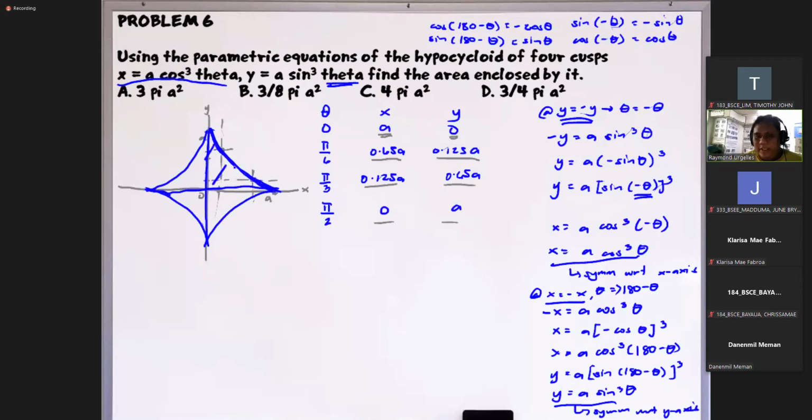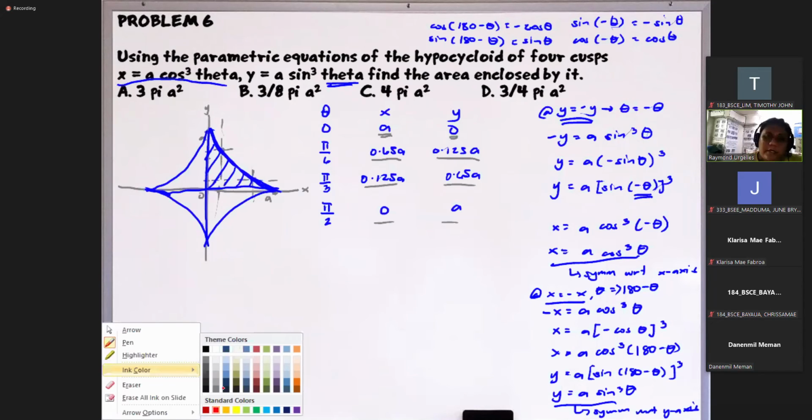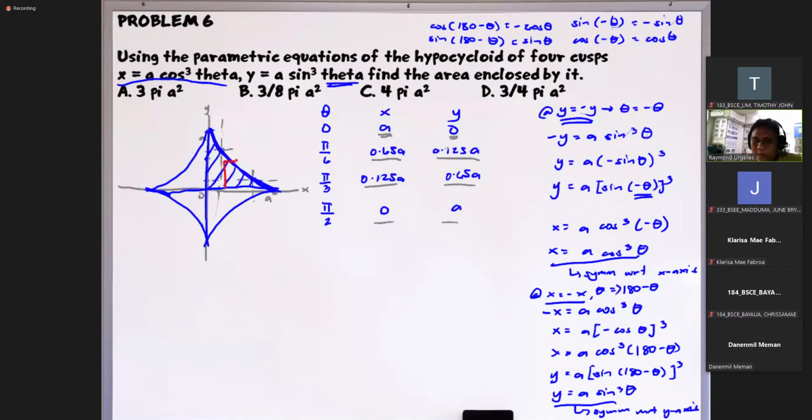For example, we can just solve this area, then multiply it by 4. That's the advantage of symmetry, so learn to check the symmetry of our graphs. Let's use a vertical strip. You can use a horizontal strip if you want, and the solution, or the answer, will be the same. As practice, try also using the horizontal strip.